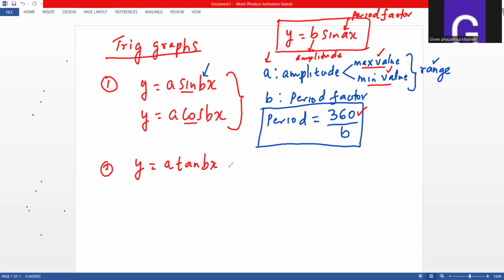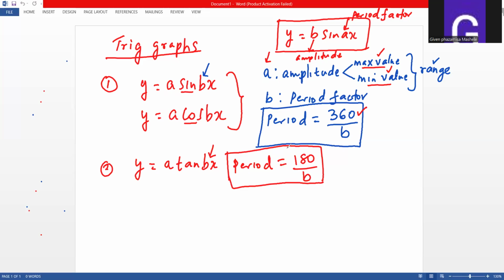It means that the b here is also a period factor. And when we are calculating the period for tan, we use 180 divided by b. So remember, for sine, we use 360, but for tan, we use 180 divided by b.